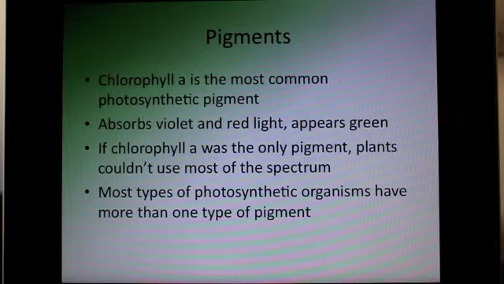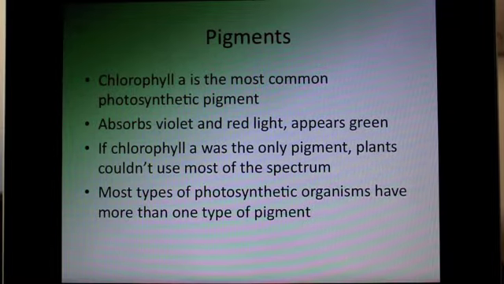This is why if you go inland a bit, it doesn't happen so much on the coast, but when fall happens, trees will reabsorb their chlorophyll A into the twigs to store it long term, so all that's left is the other colors, the other pigments that are normally present in the leaf. That's why in the fall trees will turn reds and oranges and yellows.